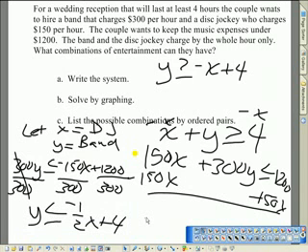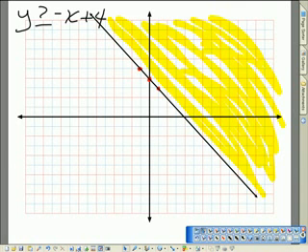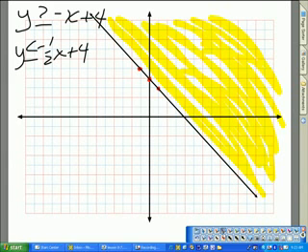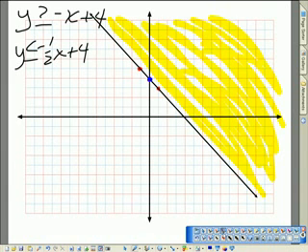Y is less than or equal to negative 1/2 x plus 4. So the first thing I notice is their y-intercepts overlap. They're both plus 4. Now I have negative 1/2, which is down 1 and over 2.